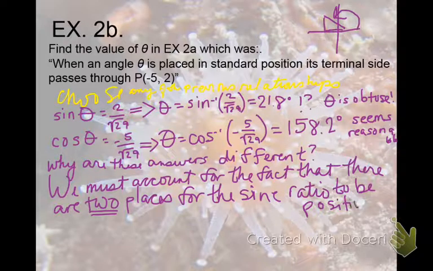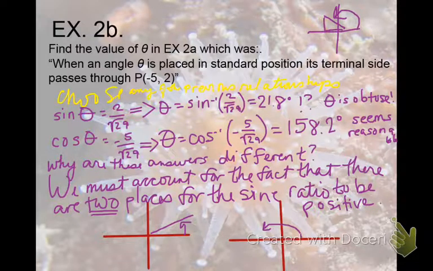Okay, that took forever. Let's consider the answer that made sense with our first one that the calculator gave us. So the calculator gave us 21.8 degrees. Okay, this looks pretty reasonable for 21.8 degrees.